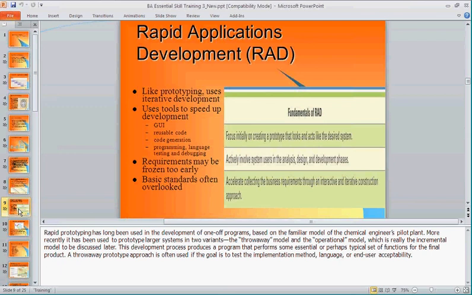The requirements must be such that we can reuse the old code, right? So the requirements are frozen too early. They are very vague or they're very high level. And secondly, when you're trying to build something real fast, do you think you will maintain all the design and development standards? No.